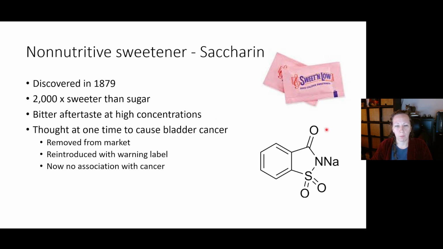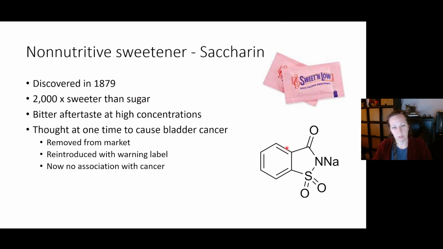And where you've probably most commonly seen saccharin is in these little Sweet and Low packets. On a lot of these, I do have the chemical diagrams shown, and this isn't for you to memorize, but I just want you to look at these. A lot of them look quite similar to sucrose. So sucrose, we have glucose, which is a 6-member ring, and fructose, which is a 5-member ring.